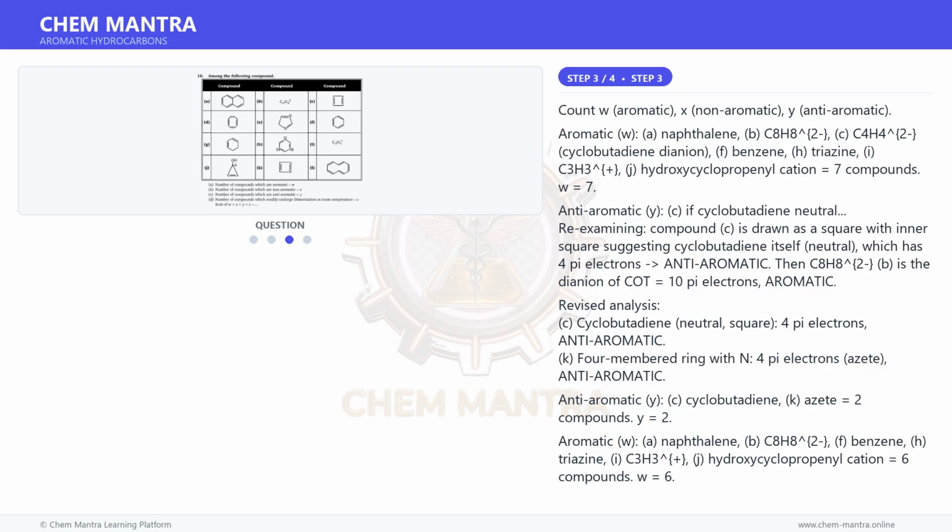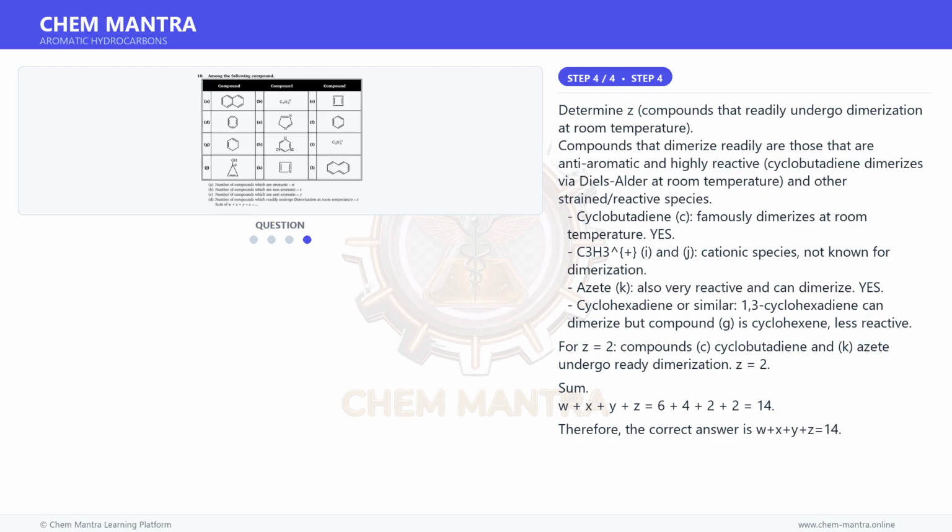X equals 4. Check: 6 plus 4 plus 2 equals 12. Total compounds equals 12. Correct. And for the final step, determine Z, compounds that readily undergo dimerization at room temperature.